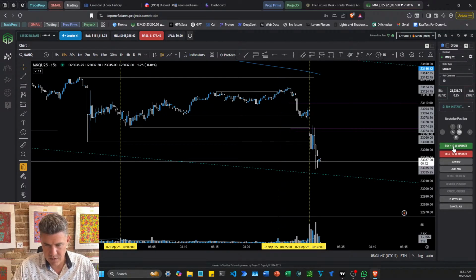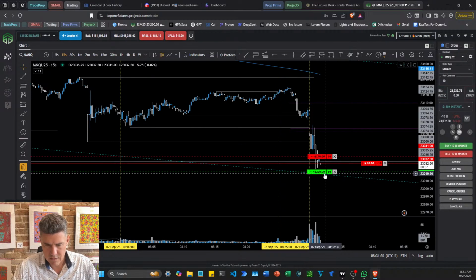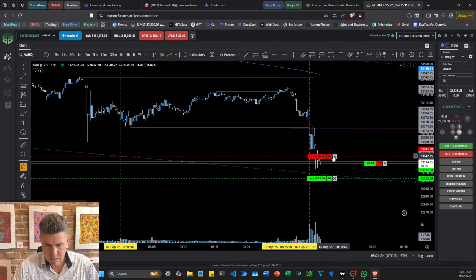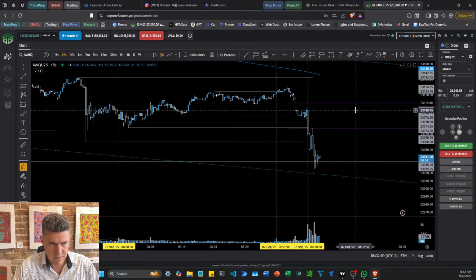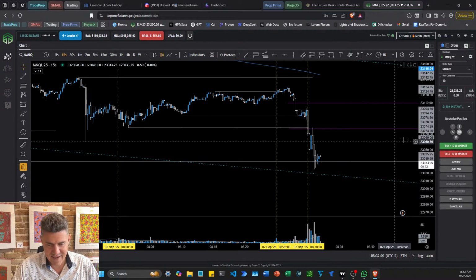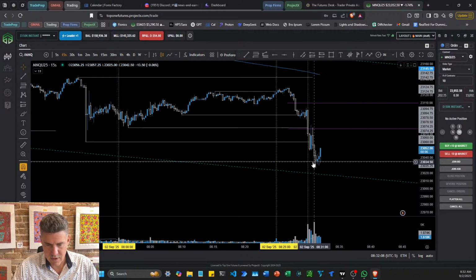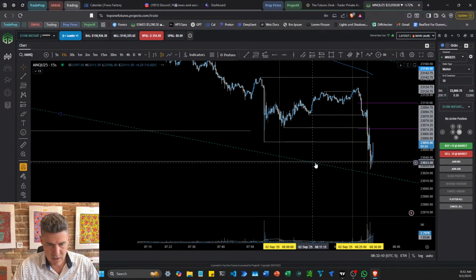I don't normally trade that much. I think it wants to sell off. All right, so the losses really add up fast when you're trading 10. So we're hanging out right around this level that we swept.